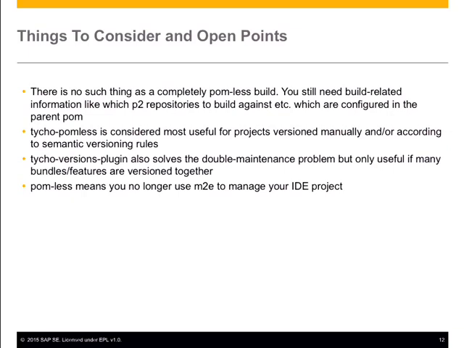So Taiko versions plugin, maybe some of you are using it, was another workaround for this double maintenance problems, where you could actually consistently change POM and manifest and feature versions for a whole bunch of bundles or features.